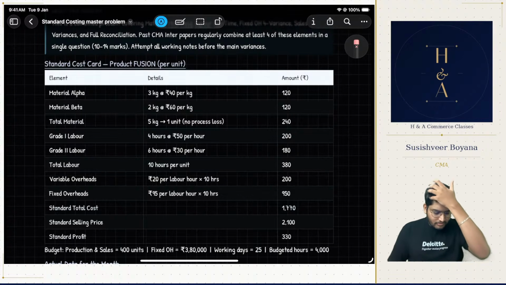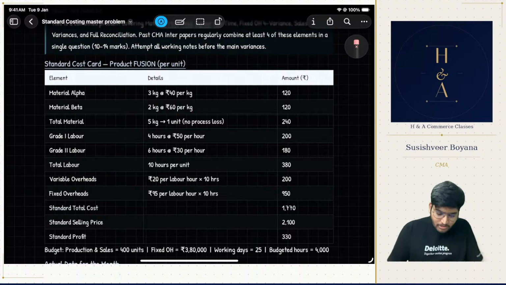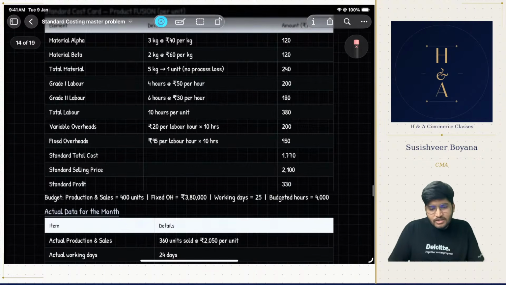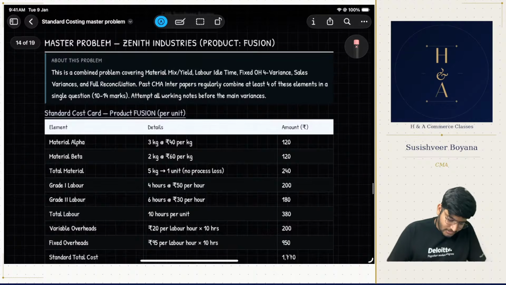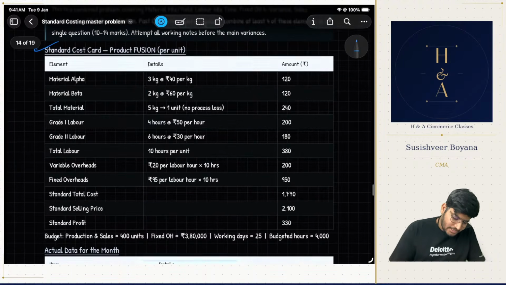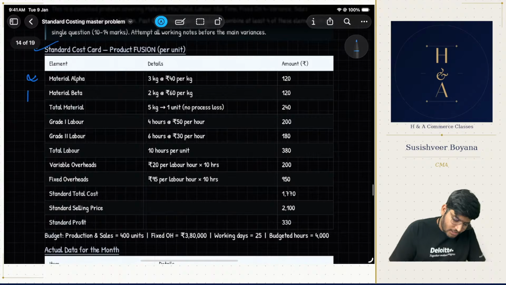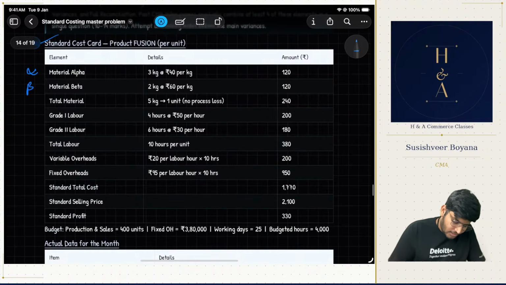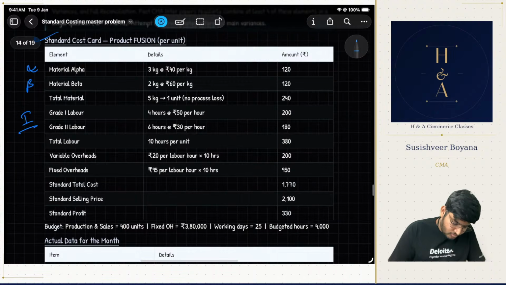But overall, with a master problem, all the data is going to be given and all the variances are to be calculated in this. Start with the standard cost card. Material, we have alpha and we have beta. And labor, we have type 1 and type 2.